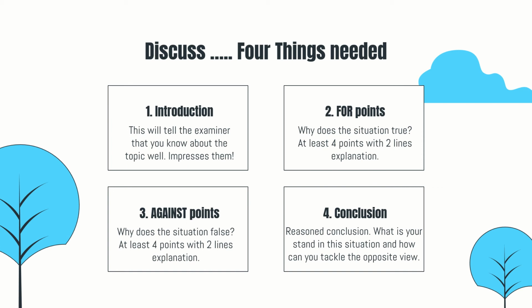If the situation is true, what is the answer that you can write? If it's false, then what will you write? So you need at least four for points and four against points with a 2 line explanation each, a valid explanation also. Same for the against points.